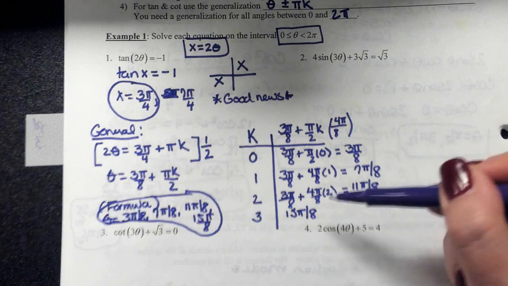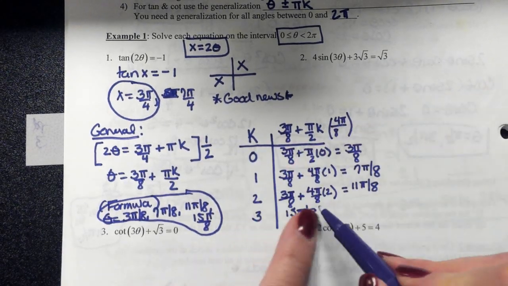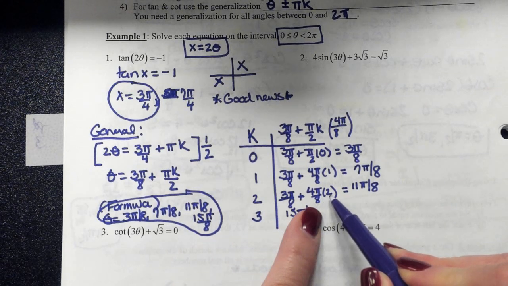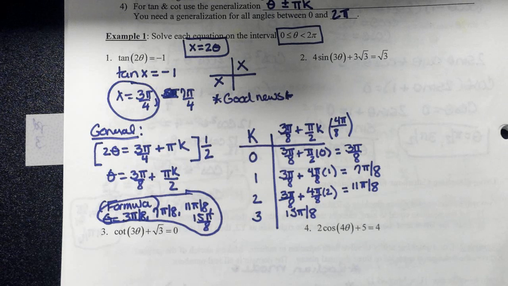I multiplied 4 pi over 8, because remember I have to plug in a 2 for k. So when I multiply 4 pi over 8 times 2 over 1, that gives me 8 pi over 8. So 8 pi over 8 plus 3 pi over 8 is 11 pi over 8. You will end up with a lot more solutions than you typically did without a coefficient of theta, when you have a number in front of theta. Okay? Any questions on 1?